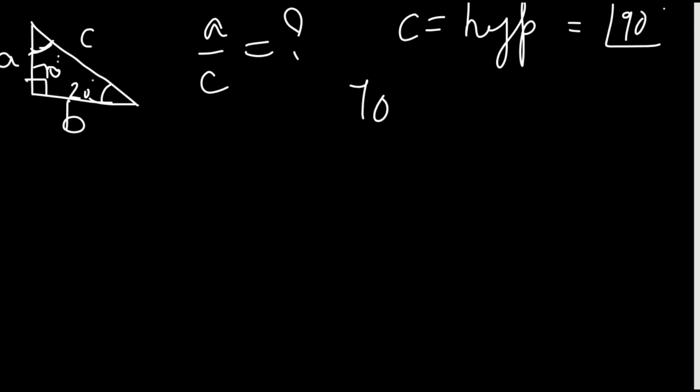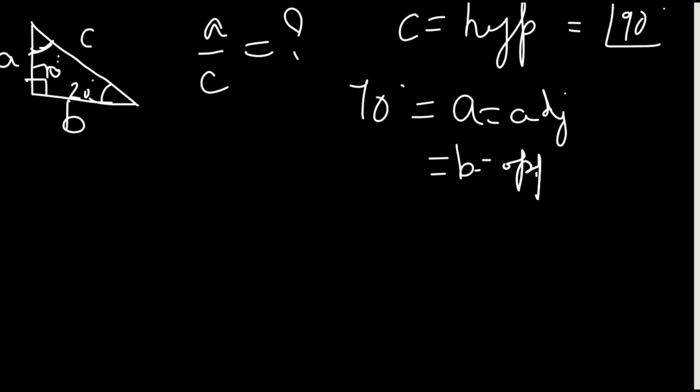So A by C, we know that. What is our hypotenuse here? C is the hypotenuse, which we can easily tell from the figure because it is the one having the 90 degree. Now with reference to 70 degree, what will be our adjacent side? It will be A, and B will be our opposite side.